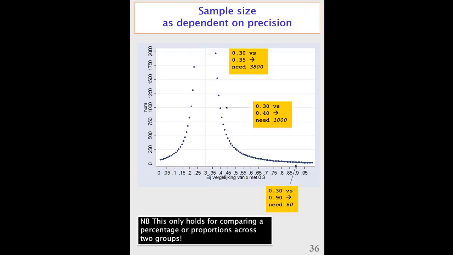It goes up pretty fast. If I want to be able to find a difference between 0.30 and 0.31, okay, start paying, because this is in the tens of thousands if you want to be able to find a difference of that kind.